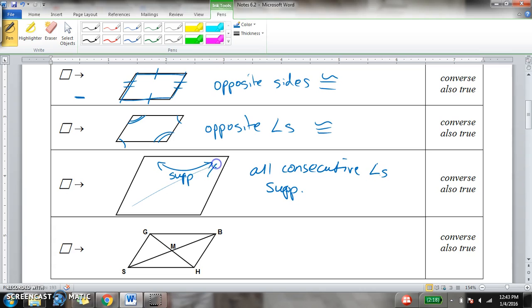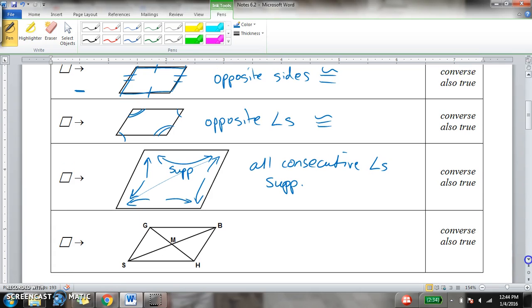This angle and this angle are supplementary to each other. This angle and this angle, this angle and this angle. So it means one right next to the other, just like consecutive numbers are one right after the other. So it means two angles that are next to each other, not across from each other. Those are supplementary, which again means adding up to 180 degrees.